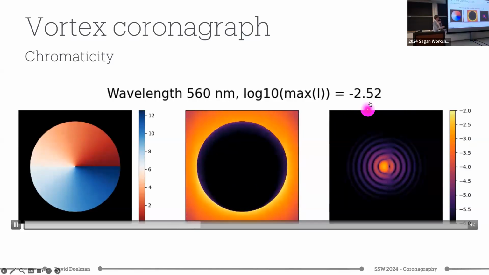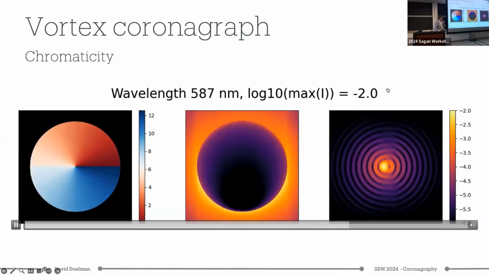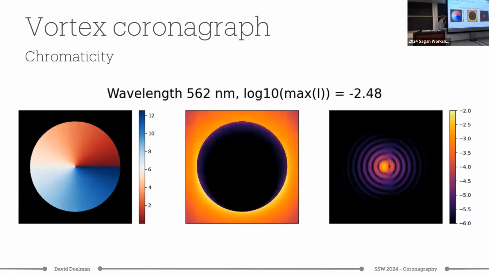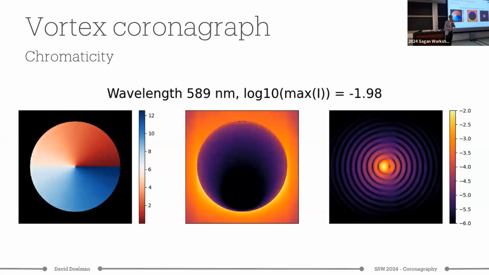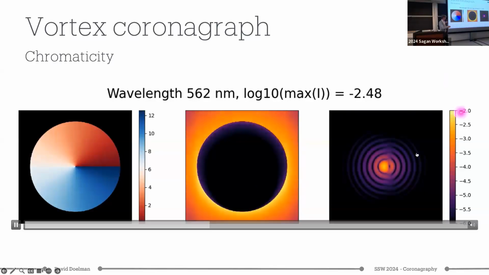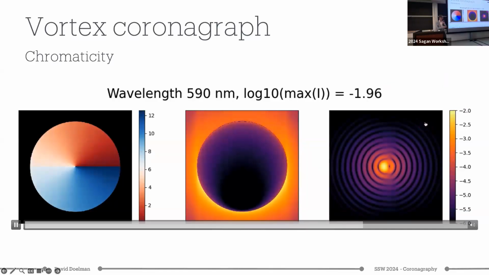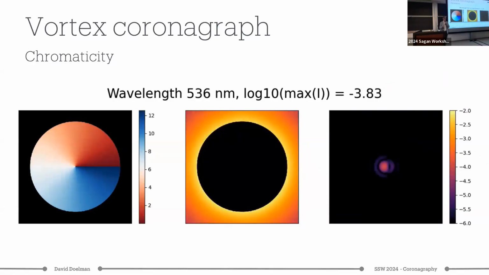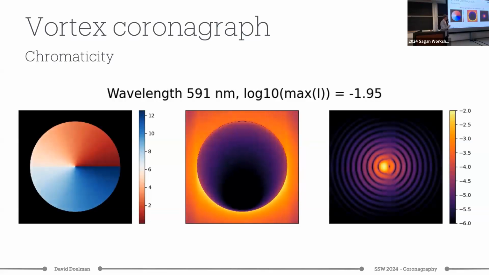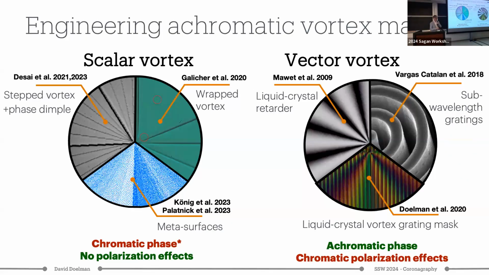The peak intensity goes from 10 to the minus 11 all the way to 10 to the minus 4, 3, 2, 1. So we don't have a good coronagraph anymore. We have this nice coronagraph, but in reality, if we want to observe photons over any bandwidth, we need to think of something to reduce the impact of chromaticity.